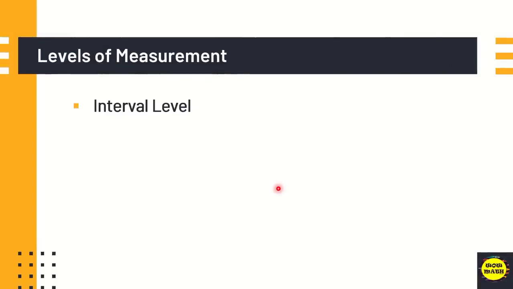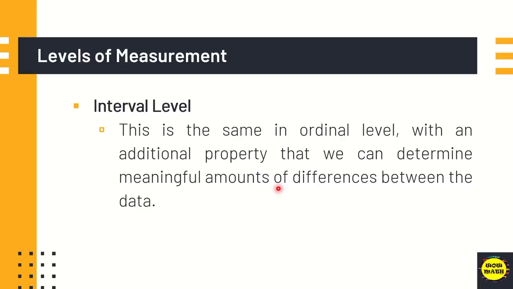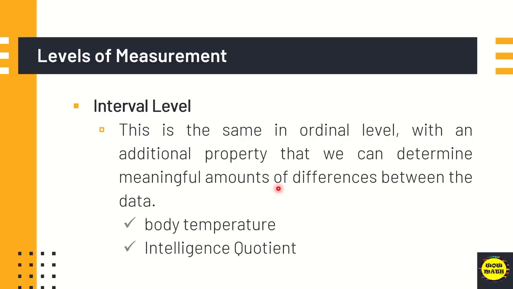Interval level. When we say interval level, this is the same as the ordinal level with an additional property that we can determine meaningful amounts of differences between the data. For example, the body temperature and the intelligence quotient.